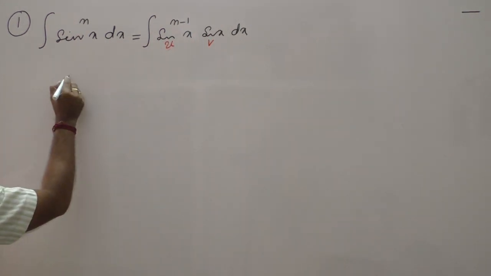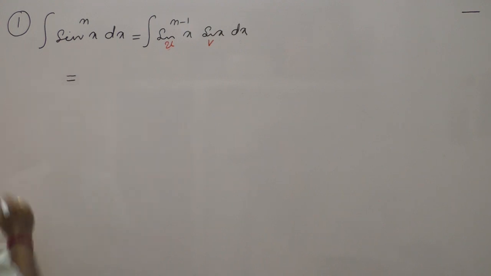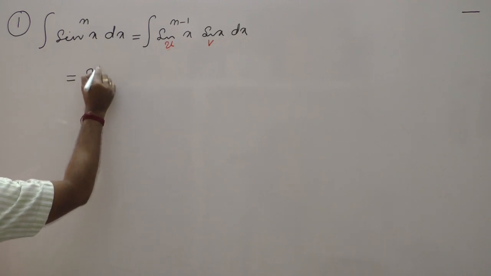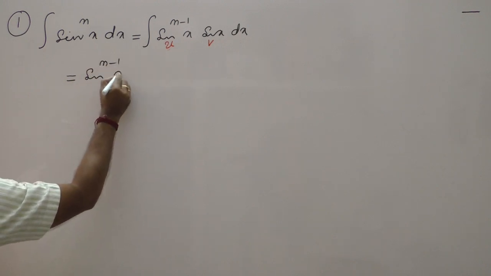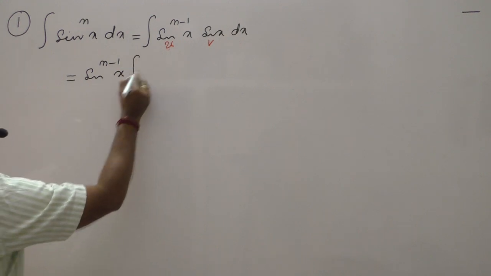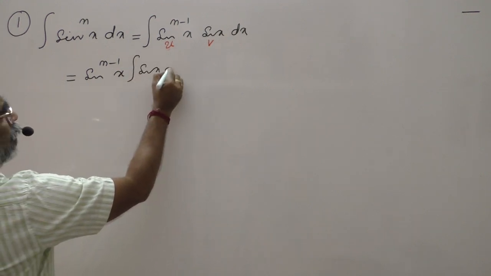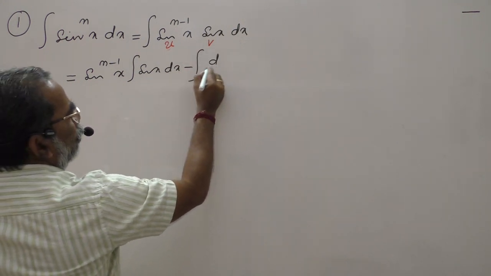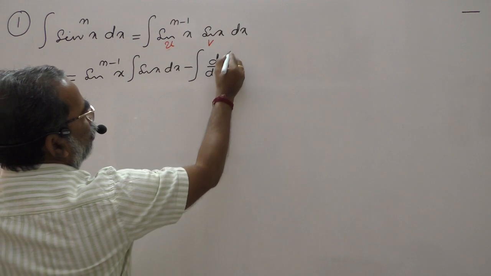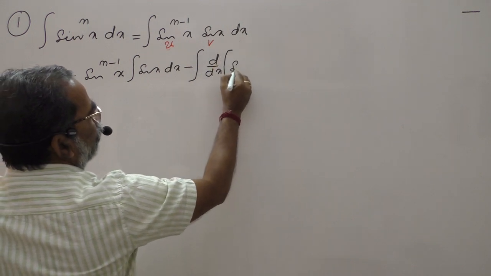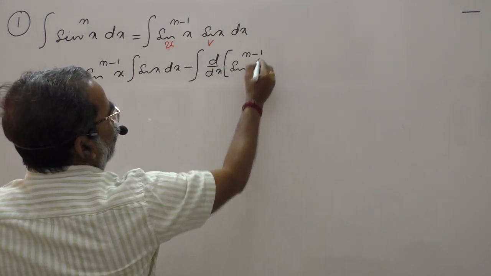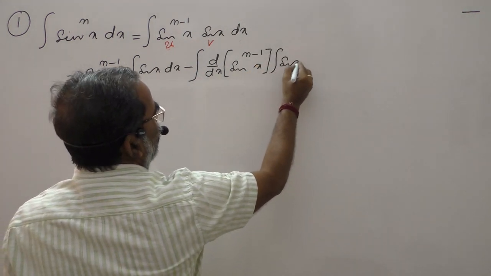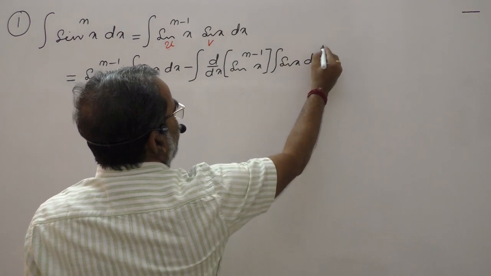Let us see carefully how we are doing this simplification. I am using integration by parts: sine power n minus 1 x into integral sine x dx, which is the second function, minus the integral of d by dx of the first function. What is the first function? Sine power n minus 1 x, into integral v dx, integral sine x dx.